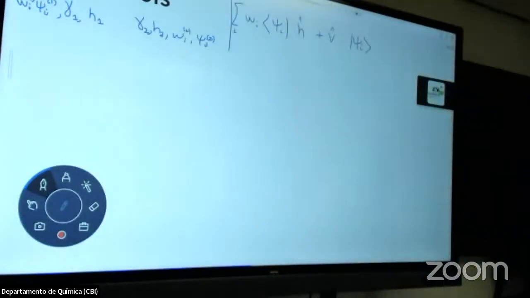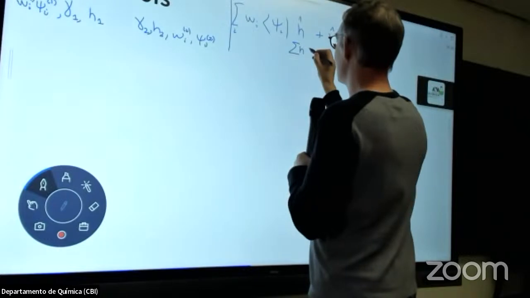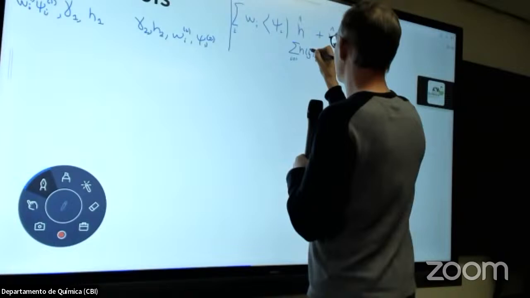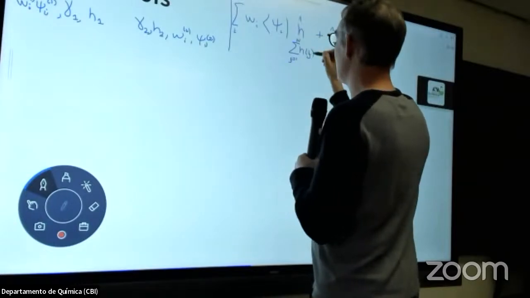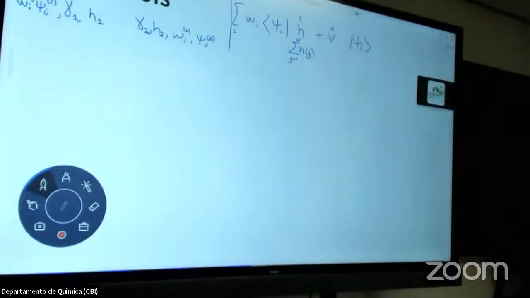I'm being a little bit sloppy with notation, but it's understood. This is the one body part and the two body part. Technically, what I should be writing is a sum over every electron, and for every electron you have to add up the same one body term. But once you do it in second quantization, it all goes away and it doesn't look that way anymore, so just don't worry about it.